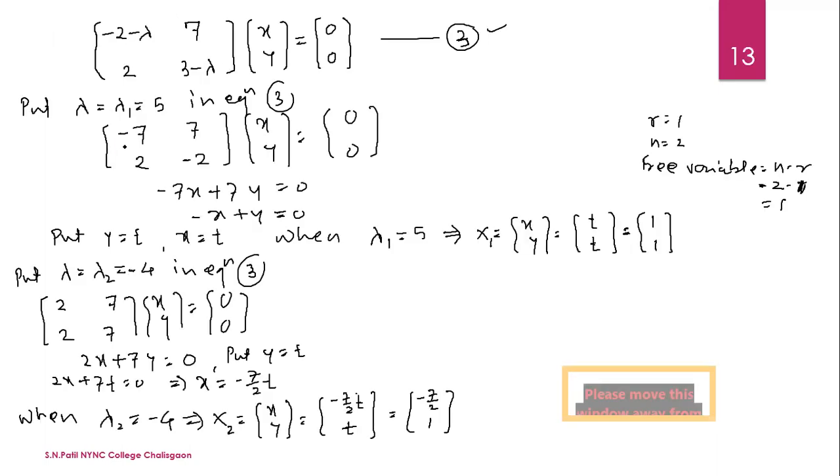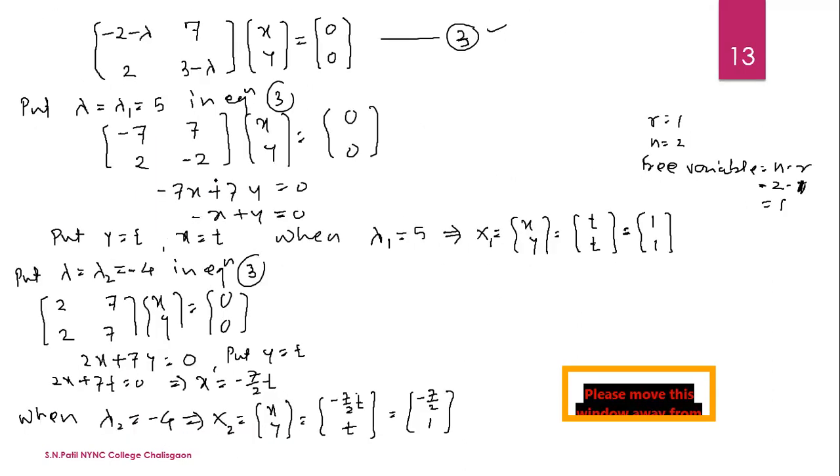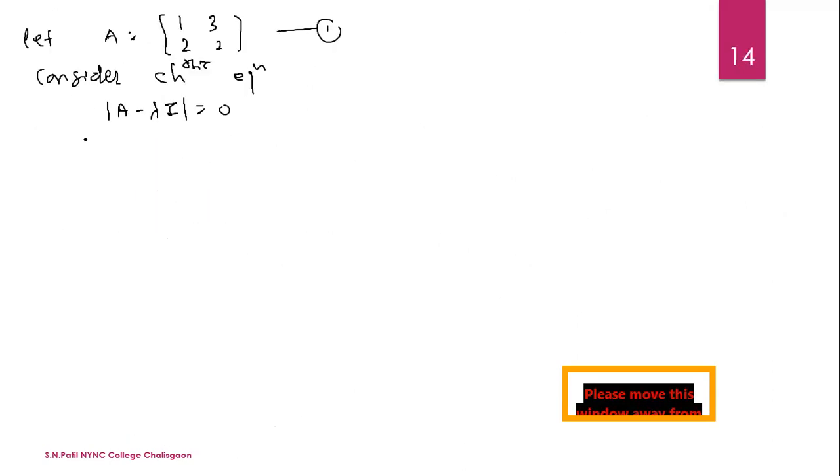In the first example, we discussed the simplification of A minus lambda I, that is the subtraction only on the diagonal elements. So here I am directly putting the simplified value, that is 1 minus lambda, 3, 2, 2 minus lambda is equal to 0. So you can directly solve this determinant, no problem.